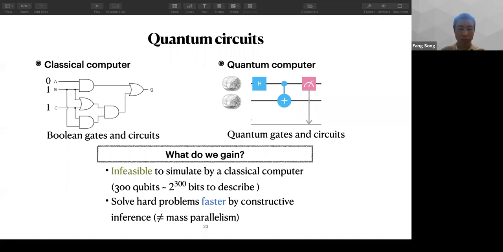I'd like to point out that sometimes people attribute the quantum speedup to massive parallelism, but that's not accurate, and we should try to avoid this misconception. All right, that's my introduction to quantum computing in maybe 3 minutes.